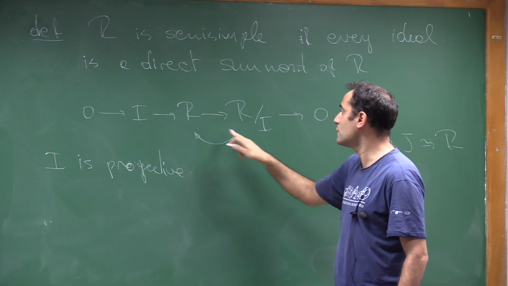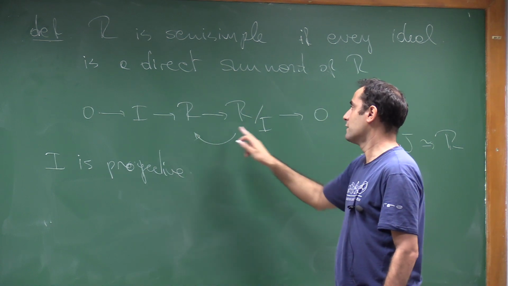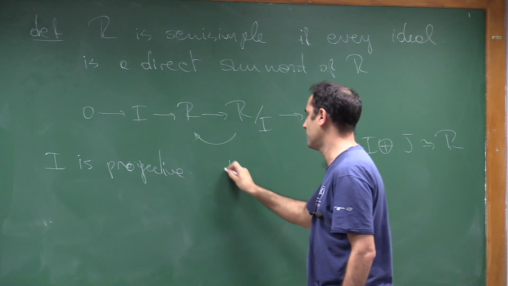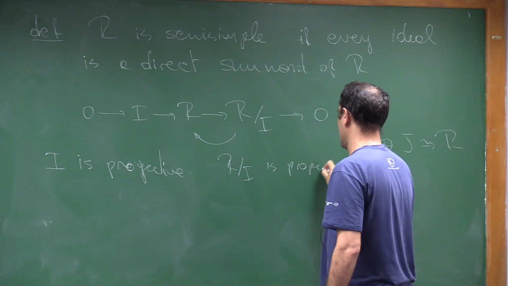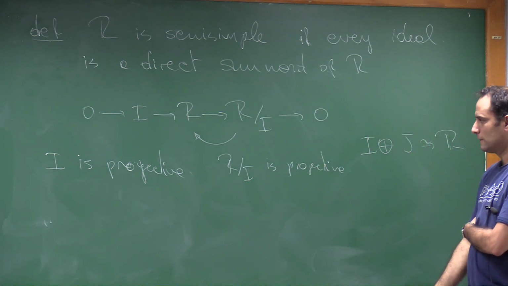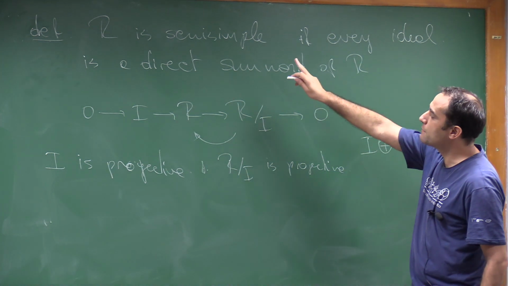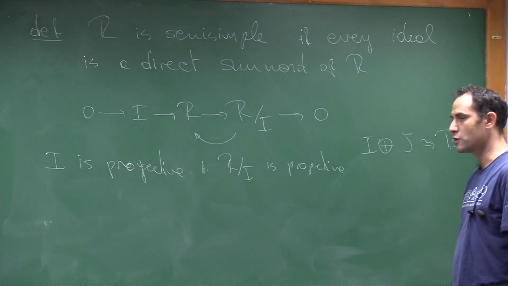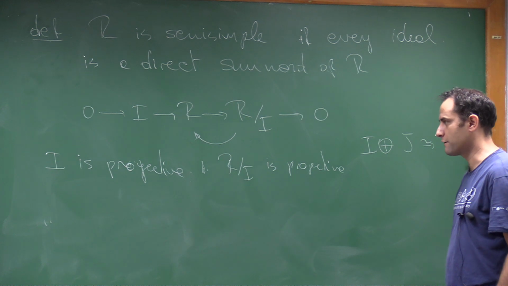But it also tells you that this is split, and if this is split, R mod I is also projective. So if your ring is semi-simple, then every ideal is a projective R module, and every quotient by an ideal is a projective R module.